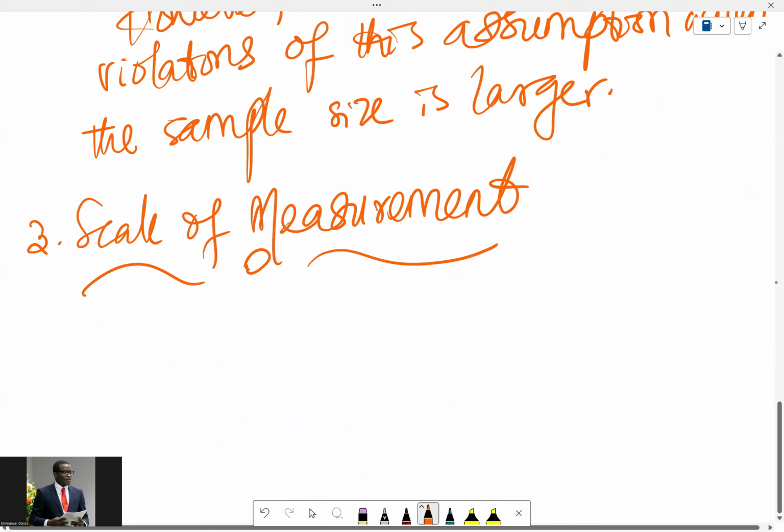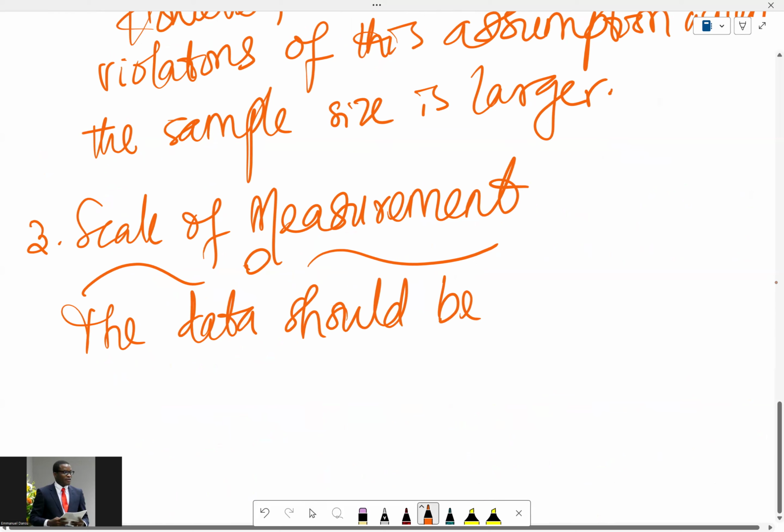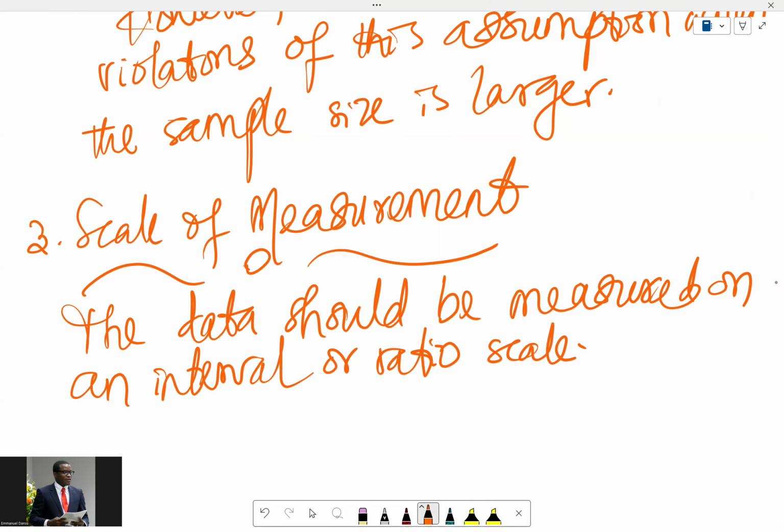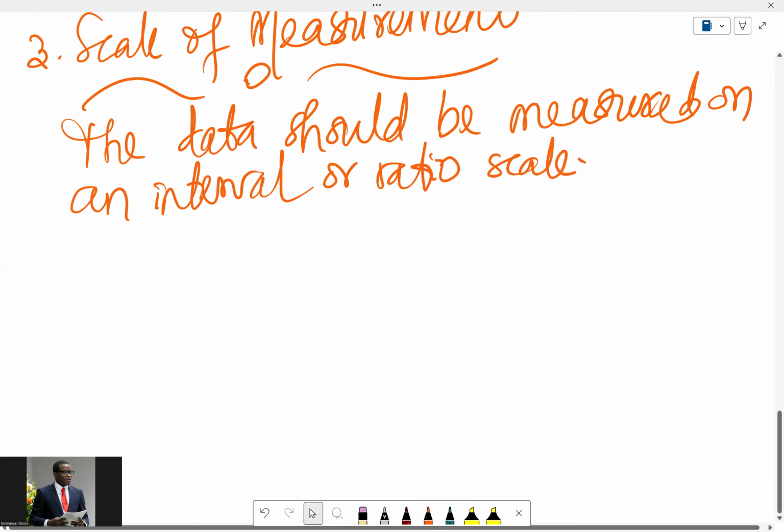Okay. So the data should be measured on an interval or ratio scale. So this kind of thing will be good for things like temperatures or height and all of that, or weight and so on. Okay.